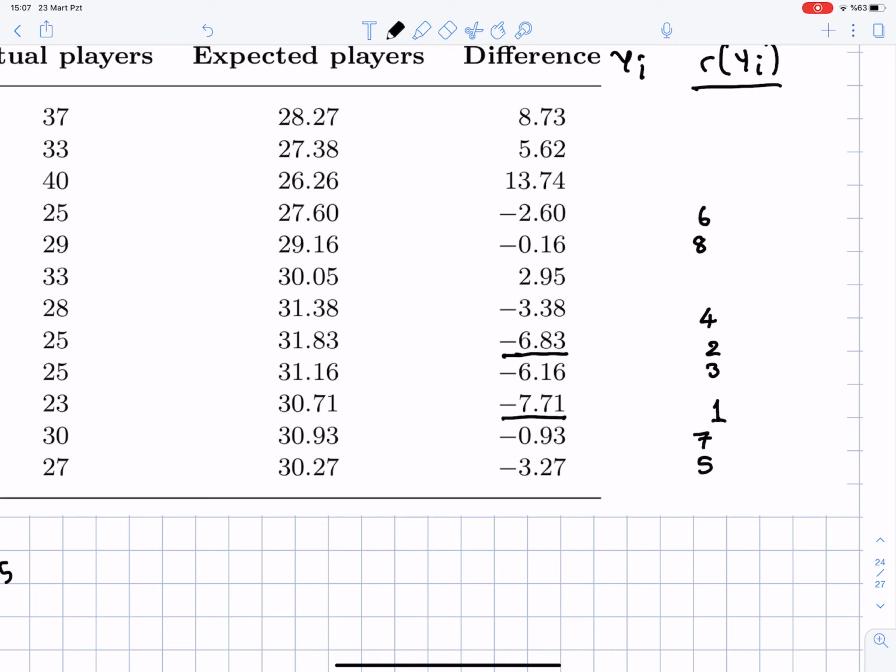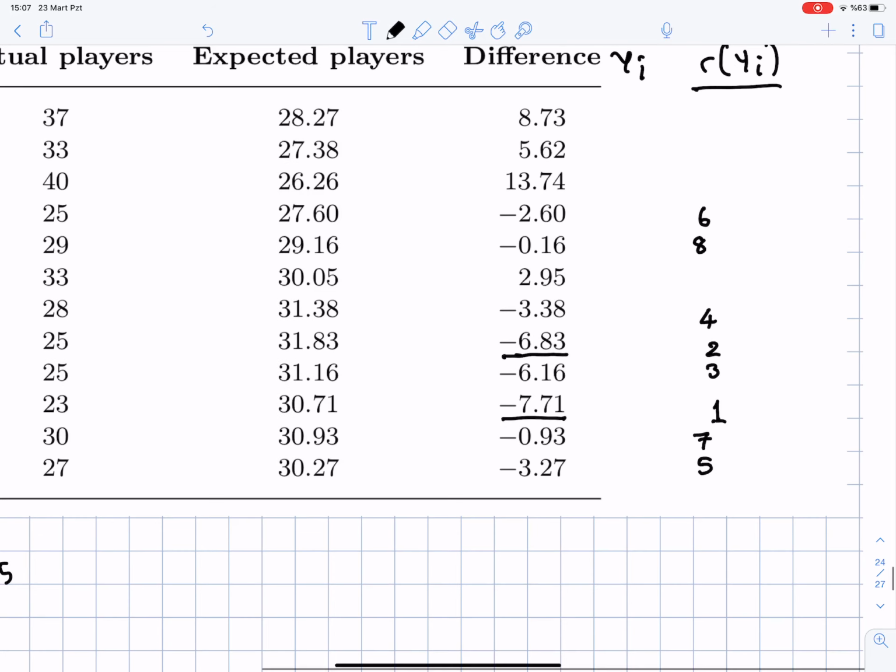And the next smallest: no negative values anymore, so we're going to use 2.95, which will be in the 9th position. The next one is going to be 10, 5.62, and 8.73 becomes 11, in the 11th position. And 13.74 is the highest value, so the ranking will be 12.